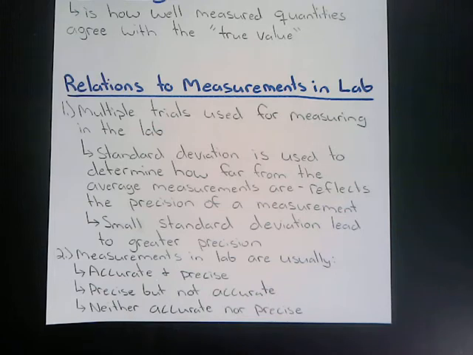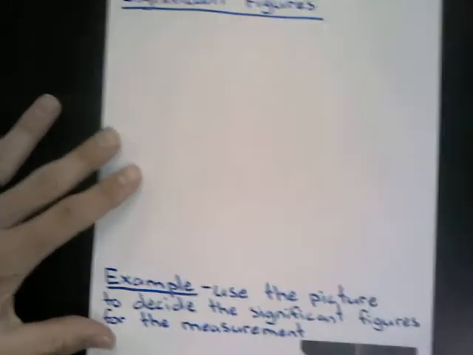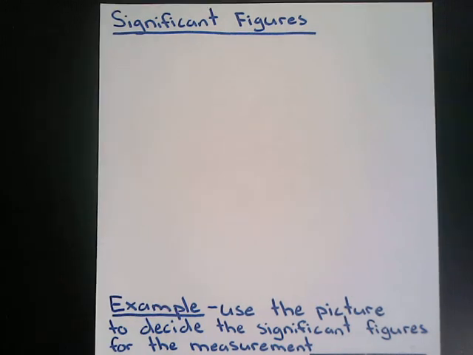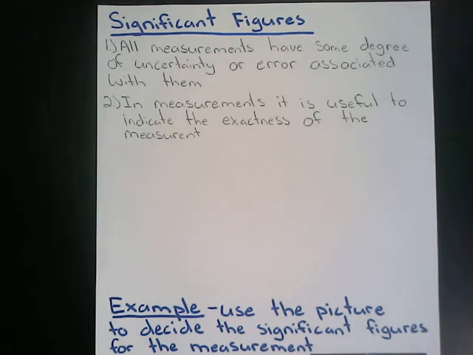Because we have measurements and those measurements are inexact numbers, we have to identify what the important digits, or significant figures, are in our particular calculations or lab work. With significant figures, all measurements that we do in the lab are going to have some degree of uncertainty or error associated with them. In measurements, it is useful to indicate the exactness of that measurement, and exactness in our measurement is the number of significant figures.